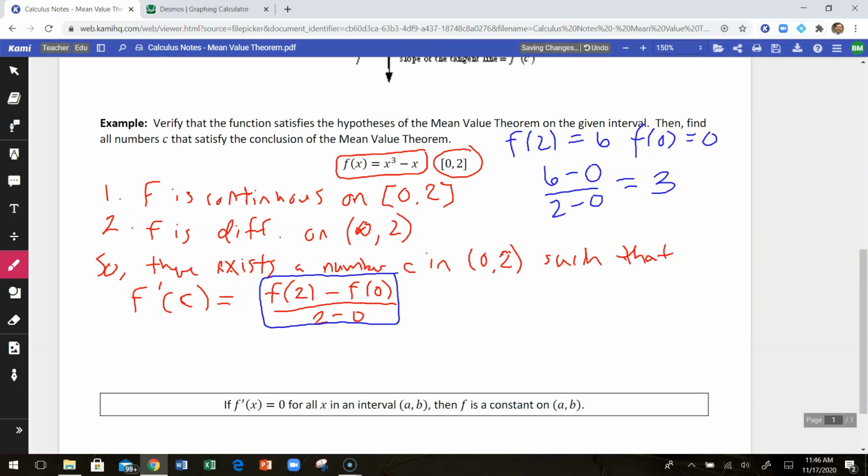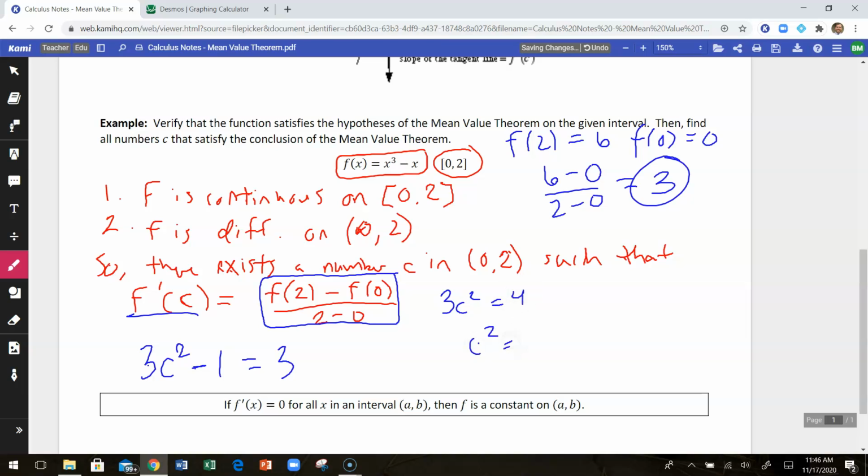So what I'm going to do then is take my derivative at c and set that equal to 3. If I want to find what that value is, the derivative at c is 3c squared minus 1. If I take the derivative and plug in c, 3c squared minus 1 has to equal, and that right side we just figured out is 3. And then I can solve. So we would have 3c squared is equal to 4.